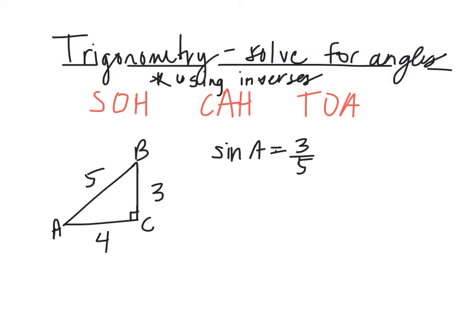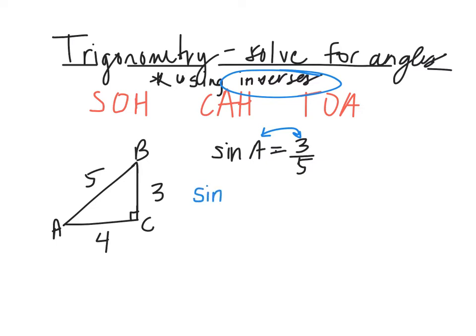Now, we can also go backwards, so this is where I'm going to start using inverses. If I wanted to flip-flop the ratio and the angle, then I use the inverse. On the regular trig function, you input an angle and you output a ratio. I'm going to flip this around.